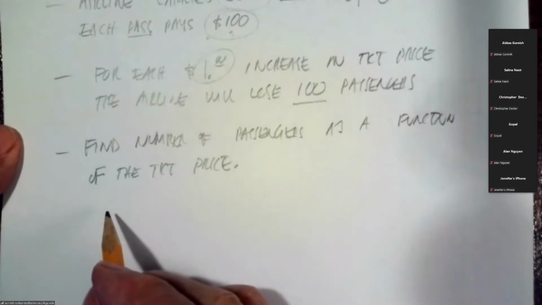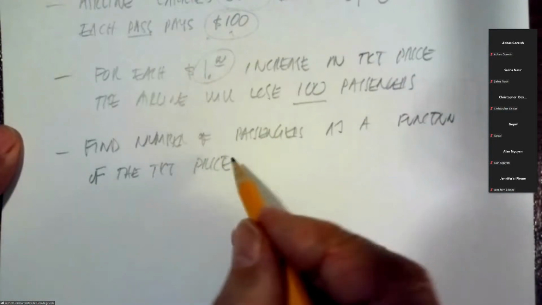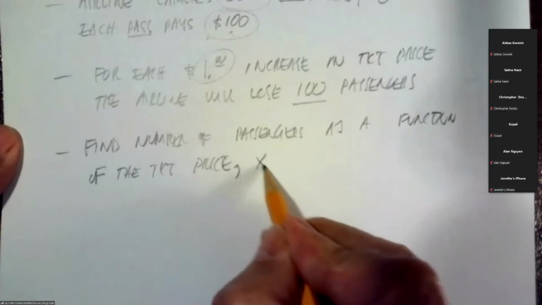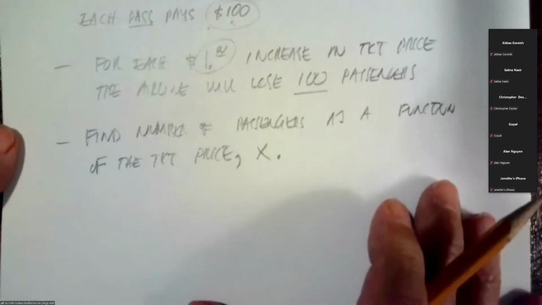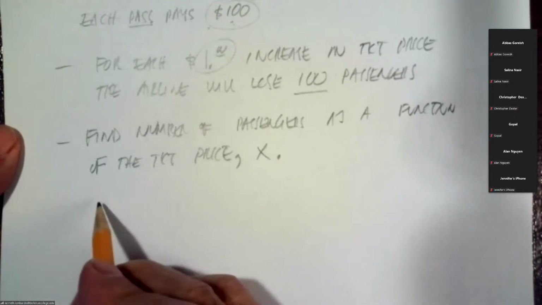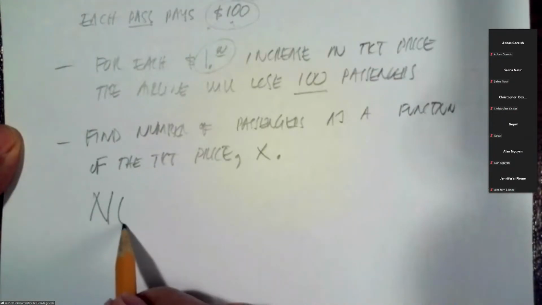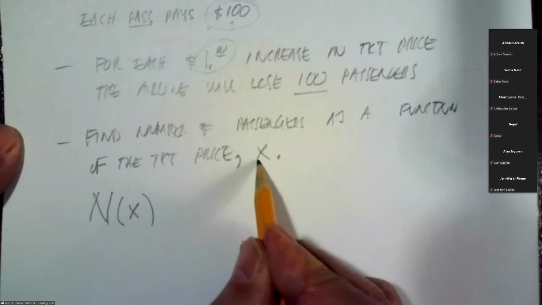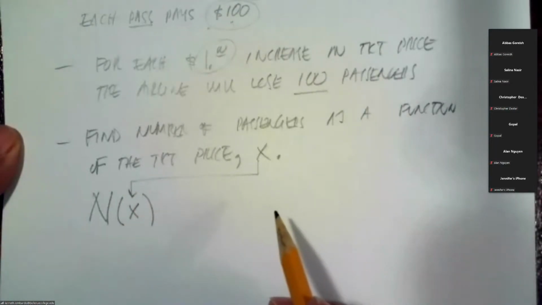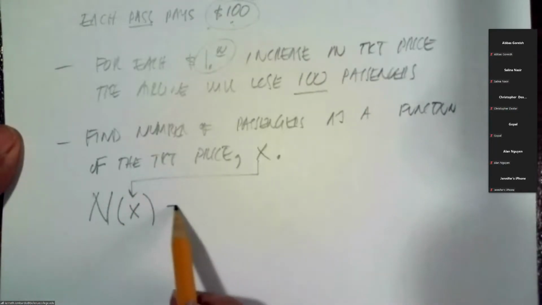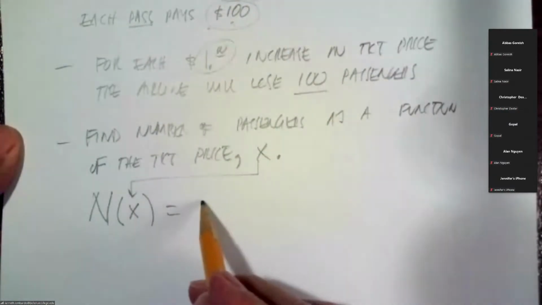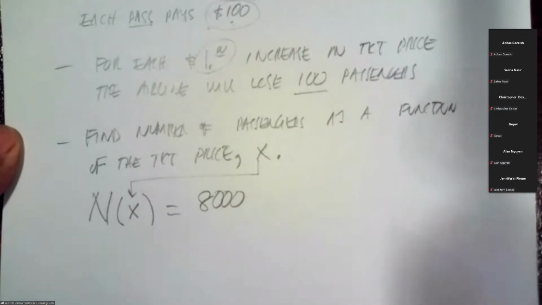All right. Now maybe if I call the ticket price X, we don't know what the ticket price is. But I want to know the number of passengers that are going to be flying on my airline per month as a function of X, the ticket price. And right now I'm flying 8,000 per month.